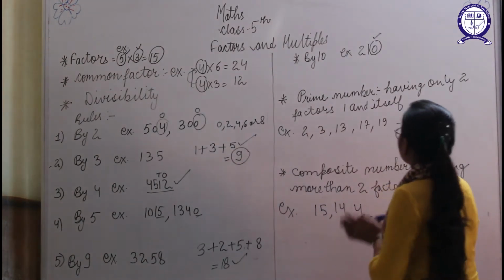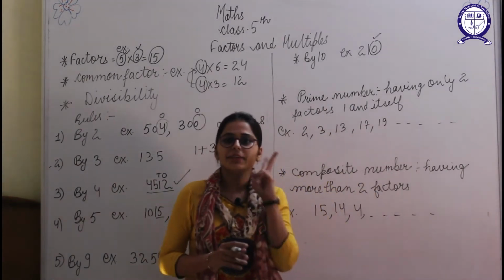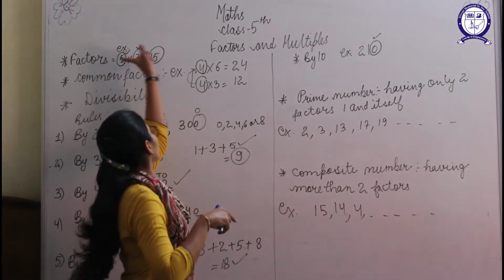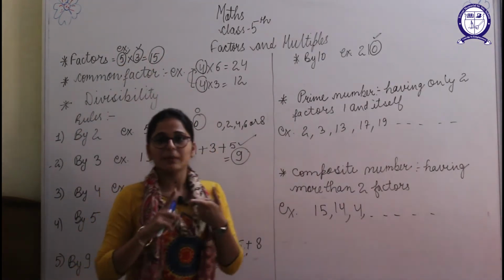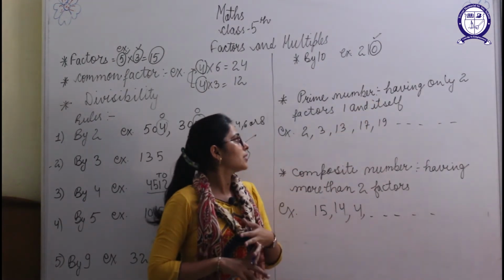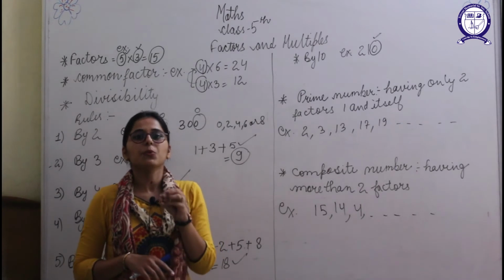Now prime numbers and composite numbers. When we have a number that has only two factors, you already know multiplication, so multiplier and multiplicand. When the factors are 1 and itself only, the number is a prime number.